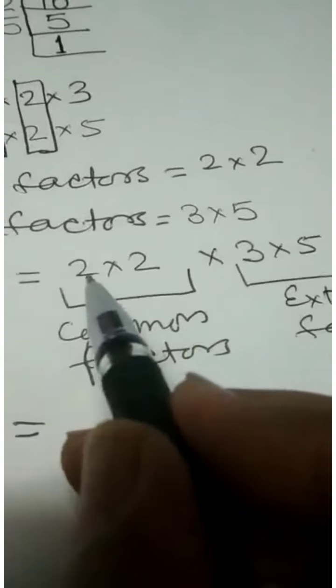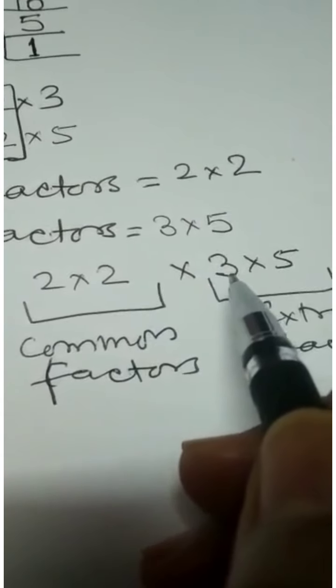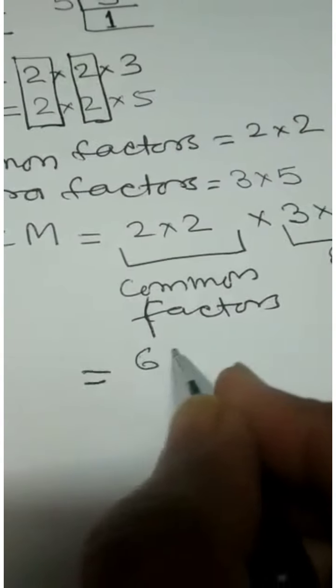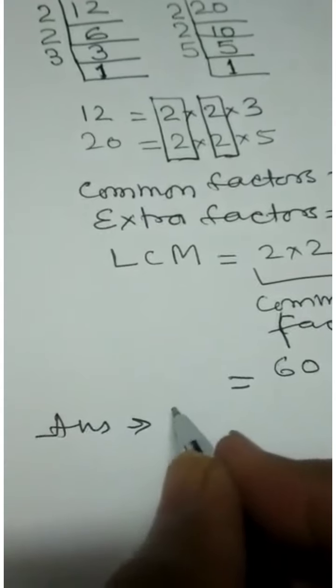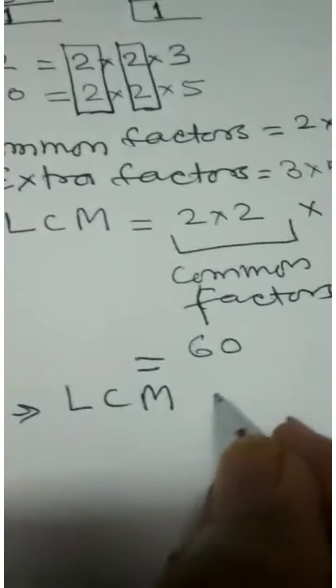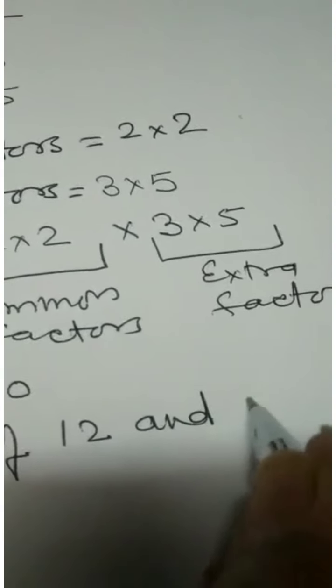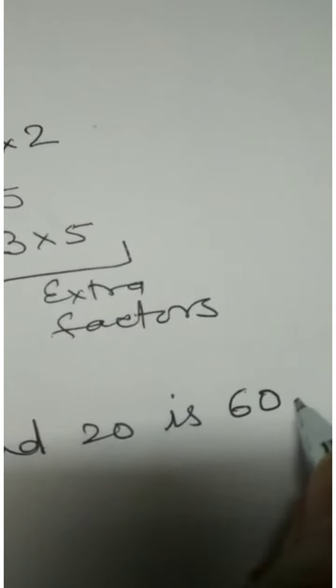So multiply all the factors. 2 2s are 4, 4 3s are 12, 12 5s are 60. So LCM is, write the answer, LCM of 12 and 20 is 60.